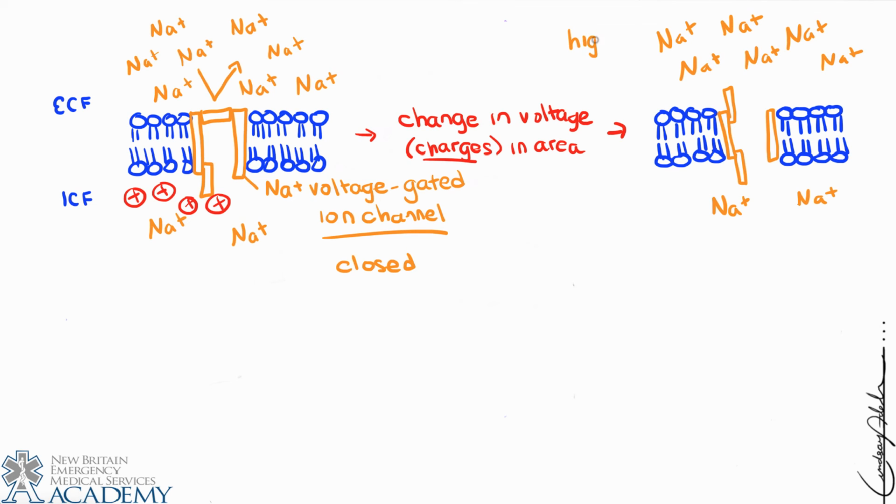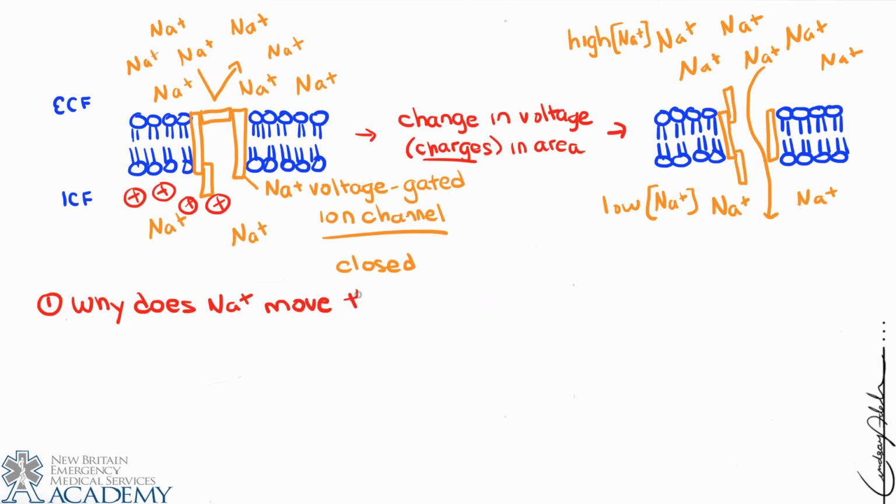We know that high concentration of sodium is outside, low concentration is inside. The sodium wants to move down its concentration gradient, so it moves into the cell. One, why does sodium move through the channel? To eliminate the gradient.